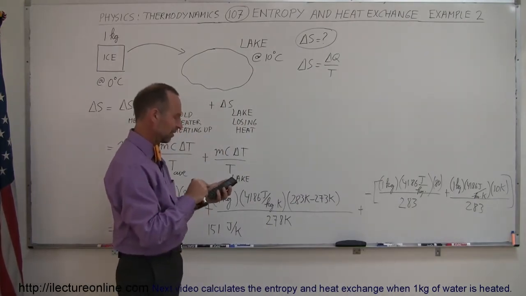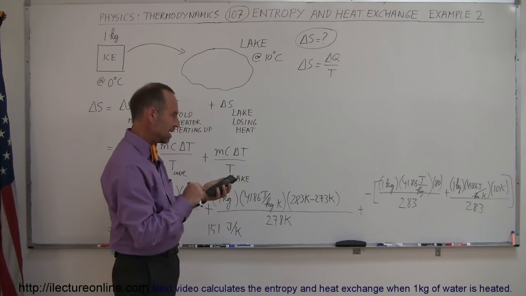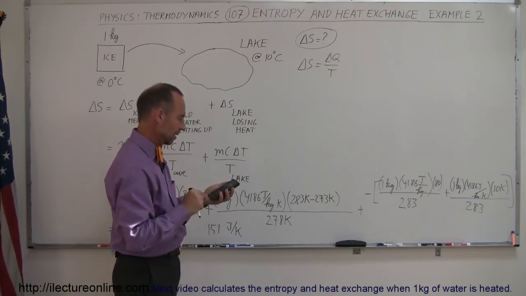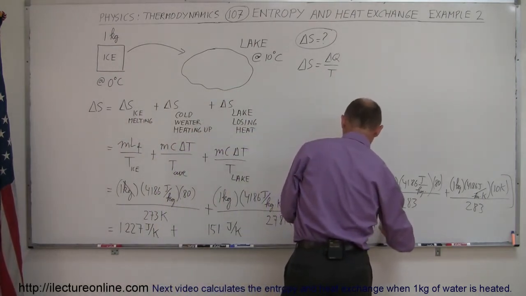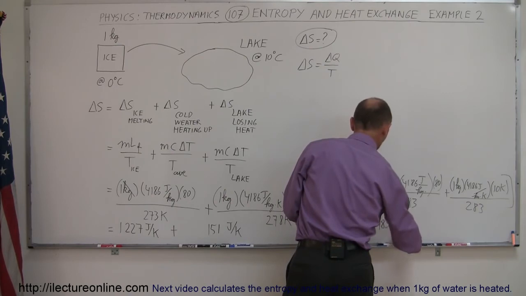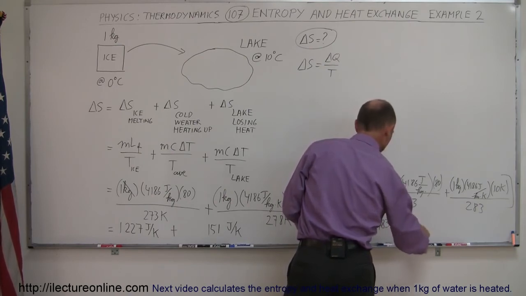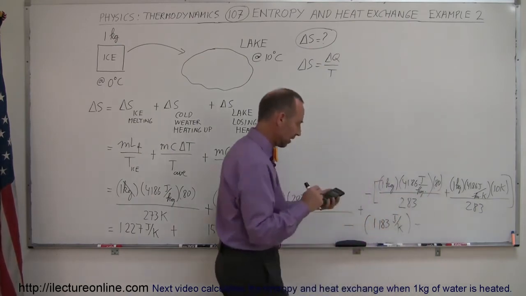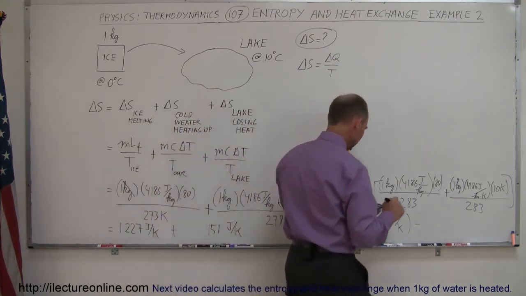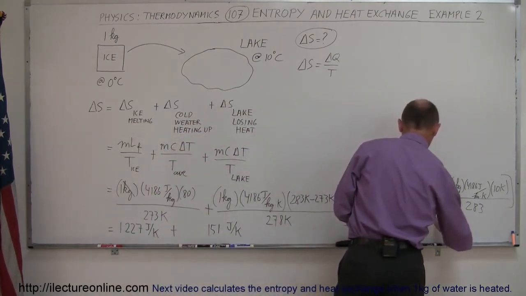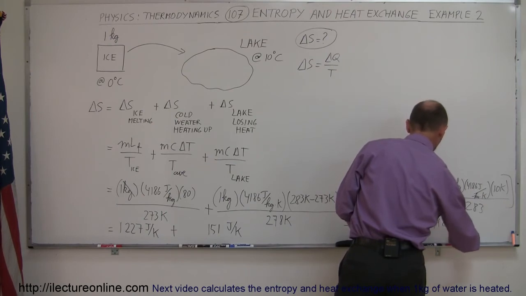So I get 4,186 times 80 divided by 283. So that would be minus a quantity of 1,183 joules per Kelvin. And then minus, that minus applies to there, so that's 4,186 times 10 divided by 283, which is 148, so minus 148 joules per Kelvin.